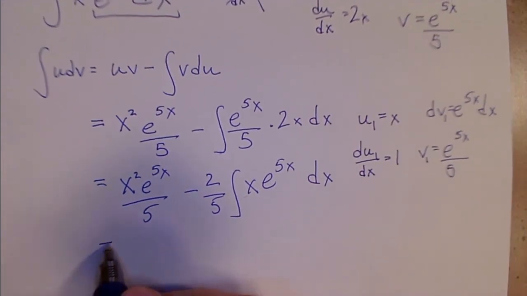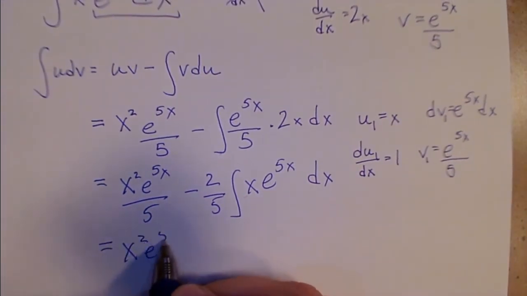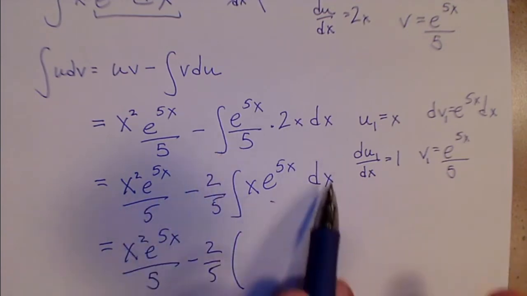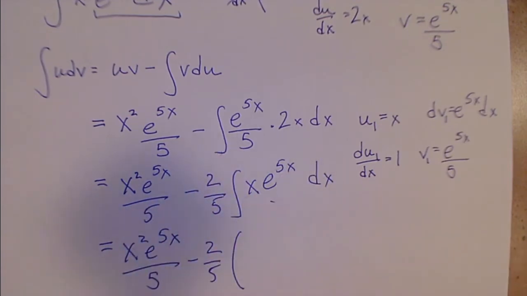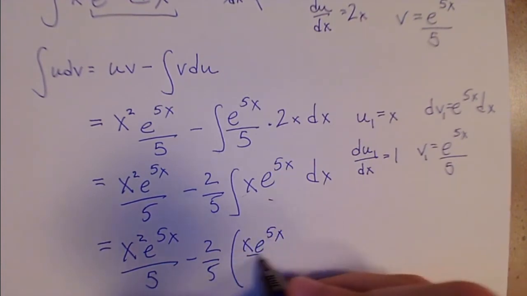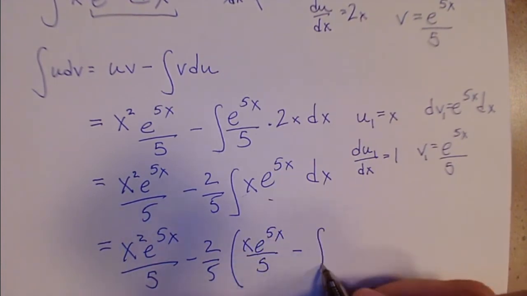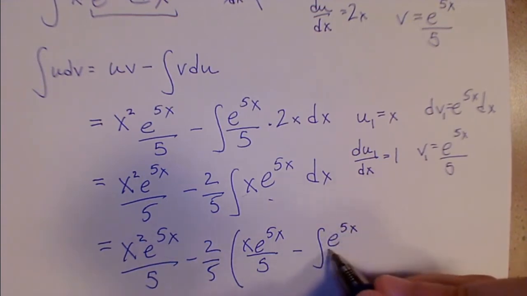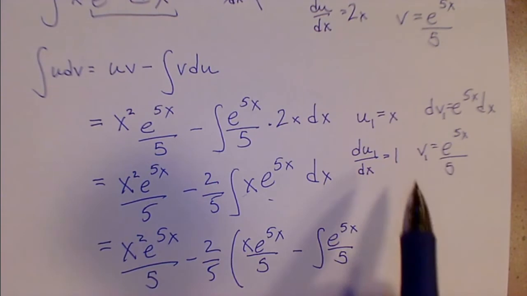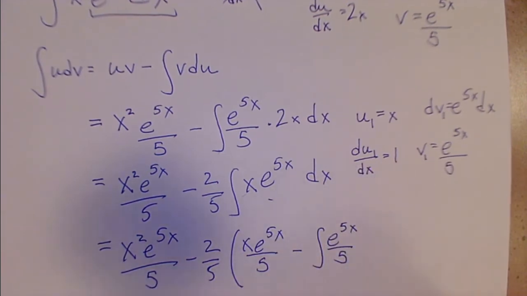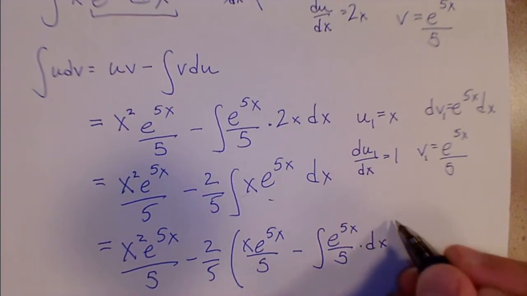So this is equal to x squared e to the 5x over 5, because we're already done with those, minus 2/5 times this integral that we're doing by parts here, which is u1 v1, x e to the 5x over 5, minus the integral of v, which is e to the 5x over 5, du1.